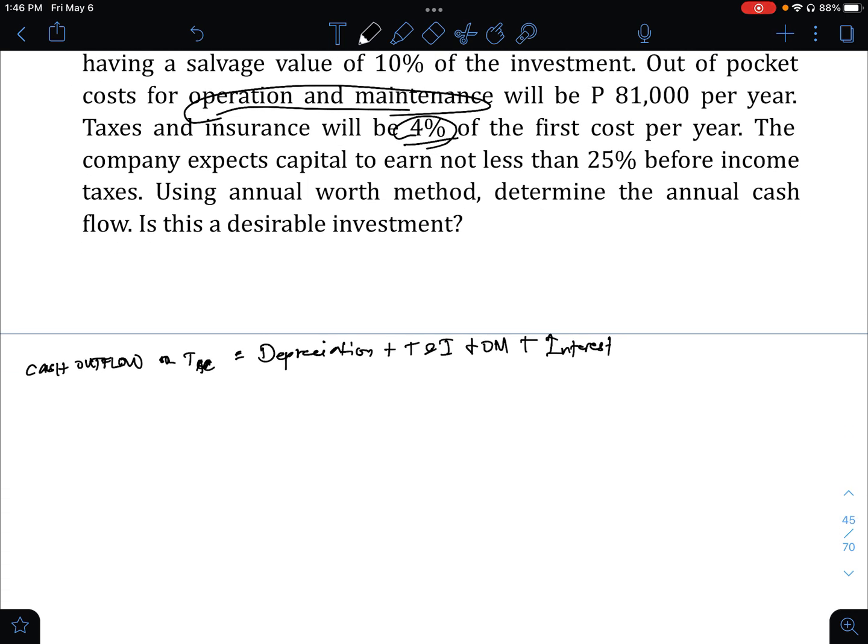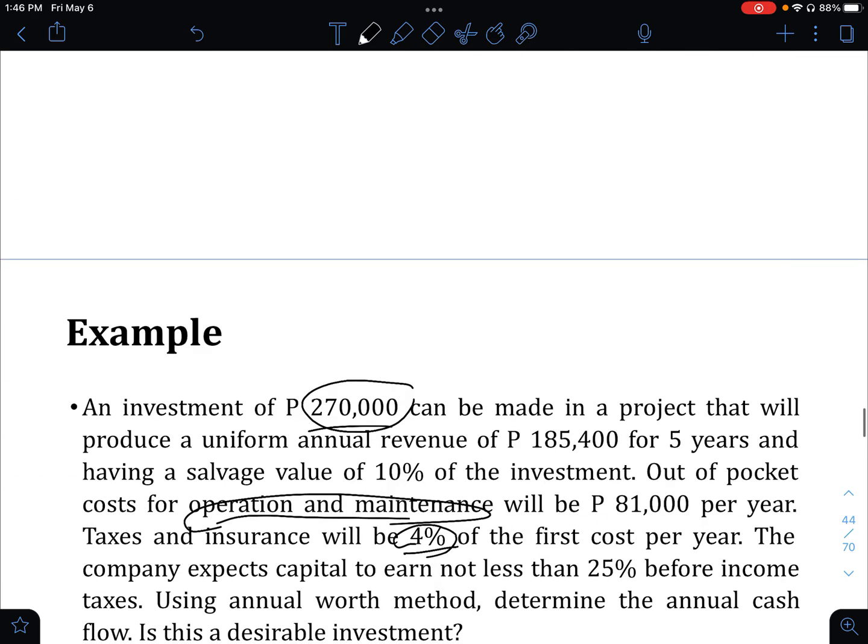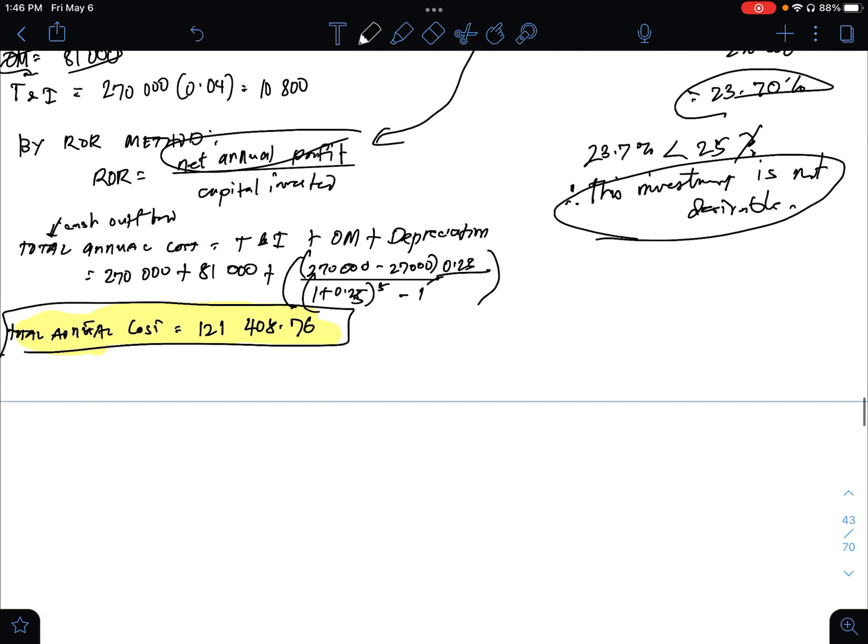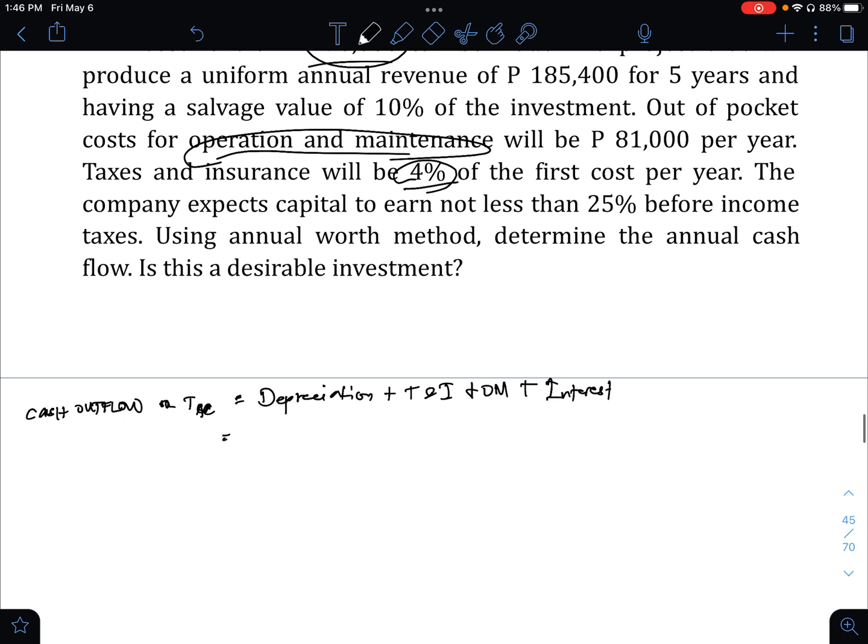So again, the depreciation is just equivalent to what we used earlier, the sinking fund method. That's 270,000 minus 27,000 times 0.25 all over 1 plus 0.25 raised to the power of n, which is 5, minus 1.